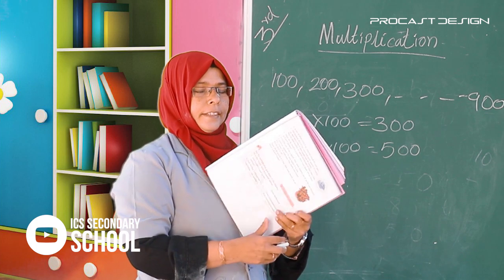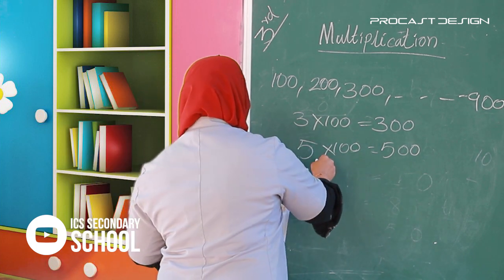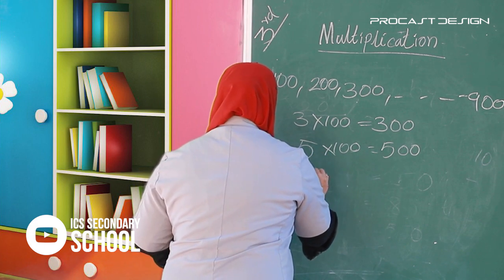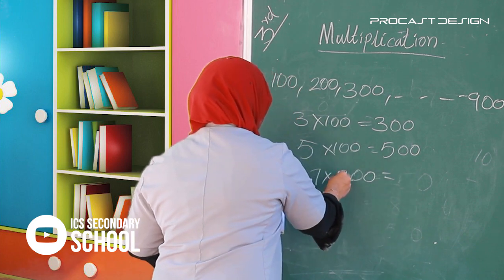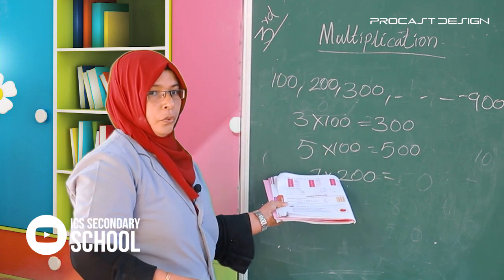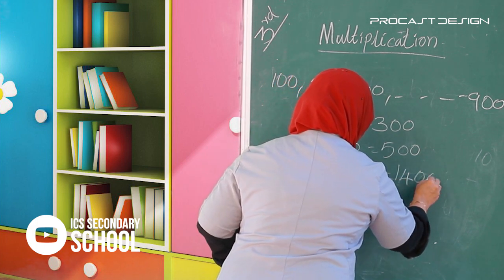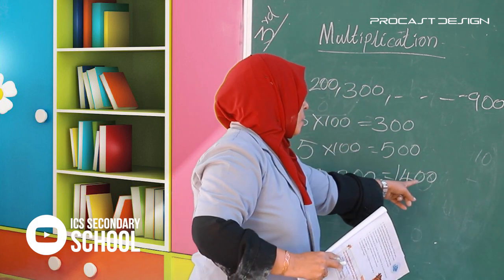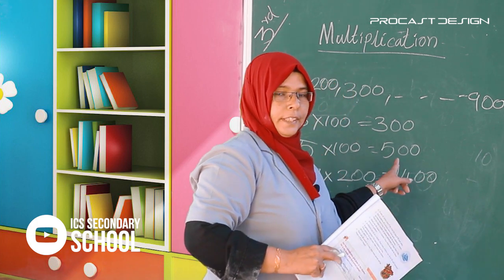Next, like that, 7 into 200. 7 into 2 equal 14. Write 2 zeros on the right side of 14.